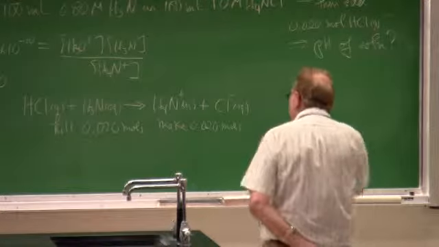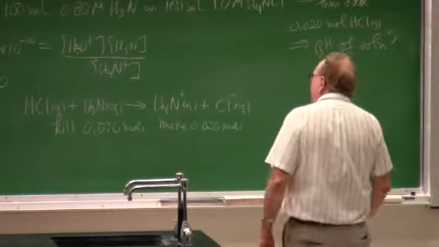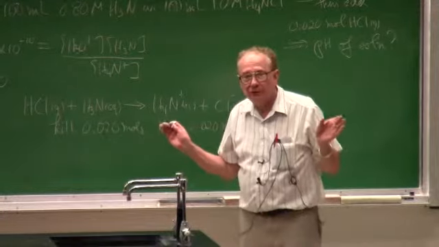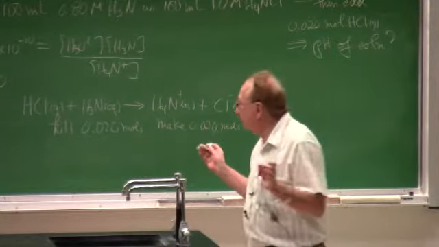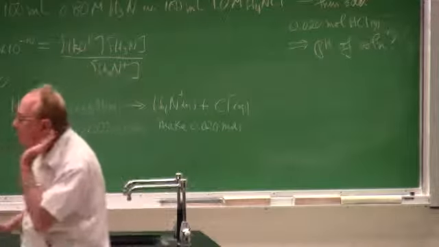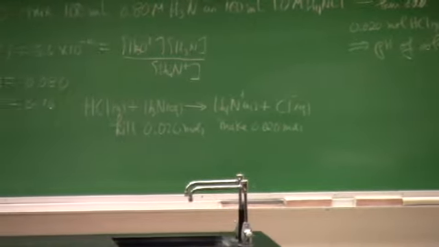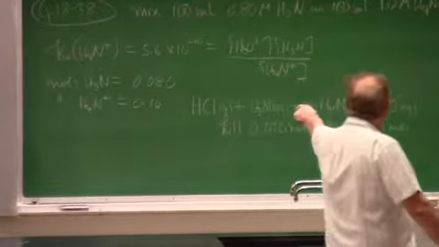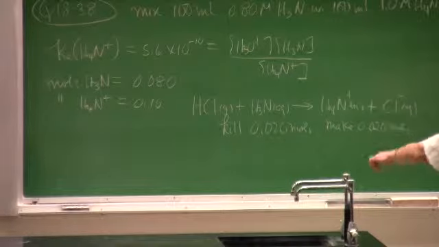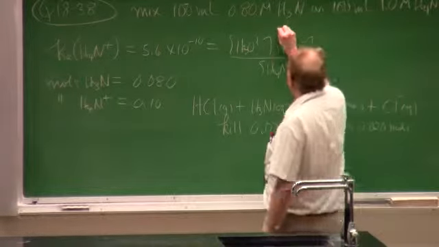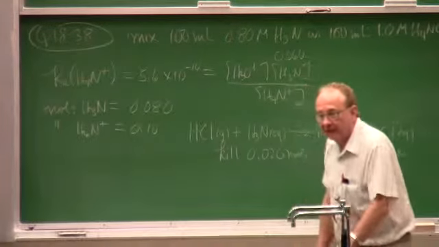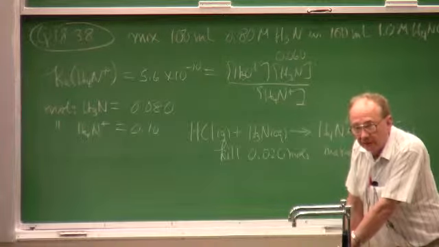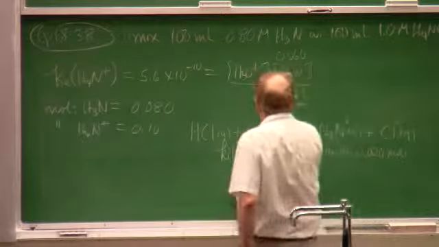After I added the HCl, how many total moles of ammonia do I have in the pot? 0.060, right? I had 0.080, I killed 0.020, so now I've got 0.060. How much ammonium ion do I now have in the pot? 0.12 moles.